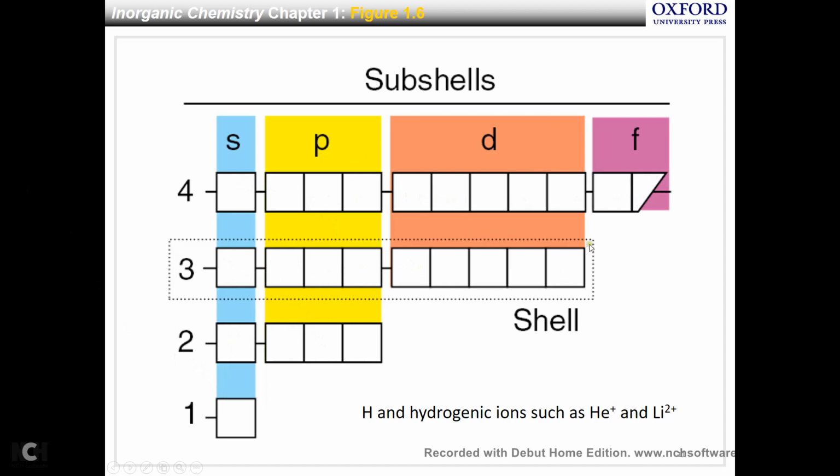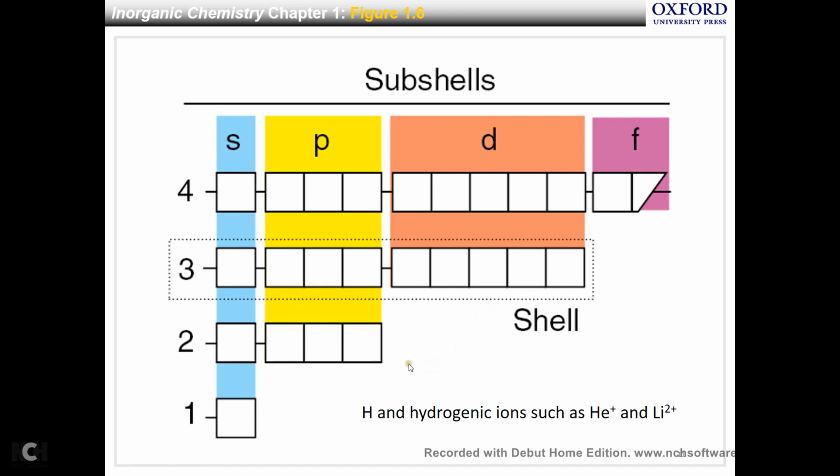If you look at this picture, you find 3s, 3p, and 3d with the same energy. We say they are degenerate. 3s, 3p, and 3d, that is 9 orbitals. These 9 orbitals have the same energy and thus are degenerate. They can accommodate a total of 18 electrons at most.